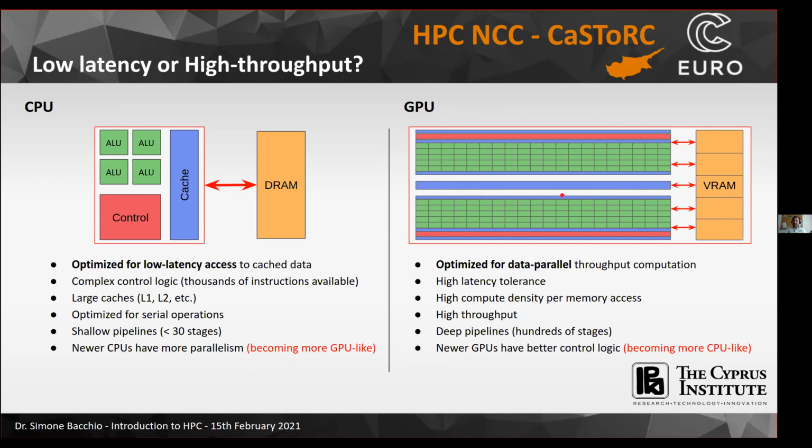So it is optimized for high throughput. On the other hand, the CPU is optimized for unordered data access. So it's optimal for doing random operations that are not connected to each other, with low latency, but it's not meant for high throughput.